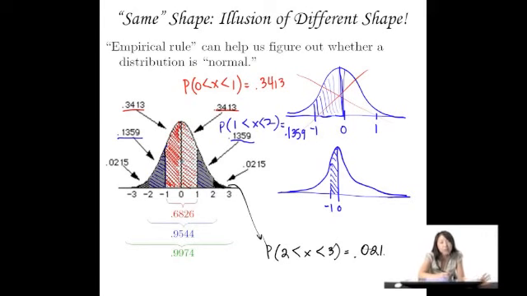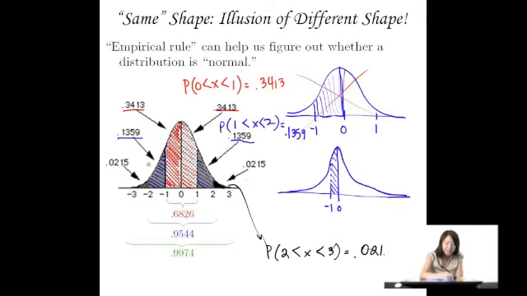Now, because we're rounding, if you add all these numbers up, 34, 34, 14, 14, and 2 and 2, you actually get 100%. But remember, the normal distribution is asymptotic. It's continuous, right? So it's actually a little bit less than 100%. So it's 99 point something percent, right? And there's a tiny, tiny, tiny little bit of area that goes out and out and out forever.